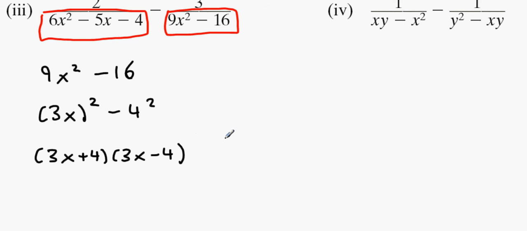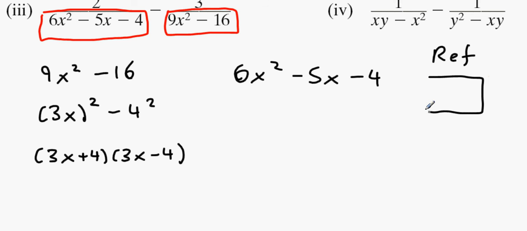Now, the next one we have to factorize is 6x squared minus 5x minus 4. Its reference number is 6 multiplied by minus 4, which is minus 24. We're going to break minus 24 up into two factors that make up minus 5, which would give us minus 8 plus 3.